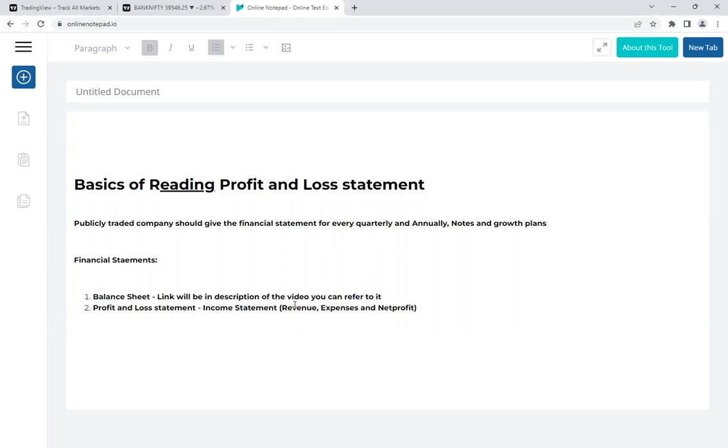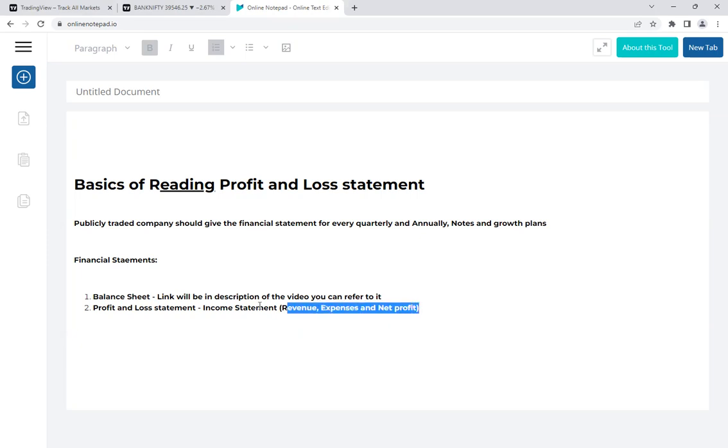So what is the net profit? It is the total revenue minus expenses. Whatever amount is left after paying the expenses, whatever is left with the company, is the net profit.